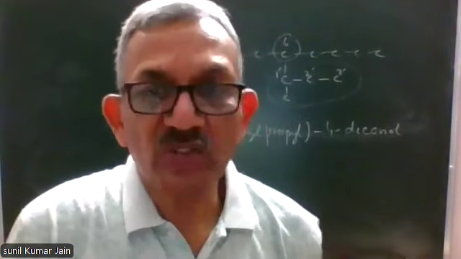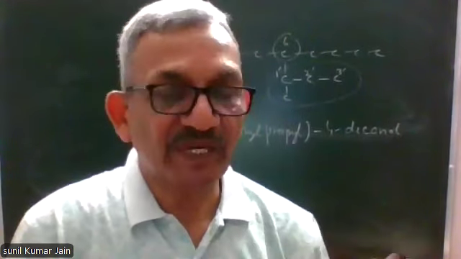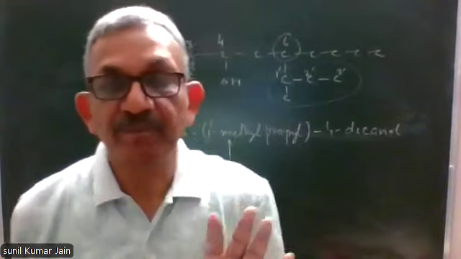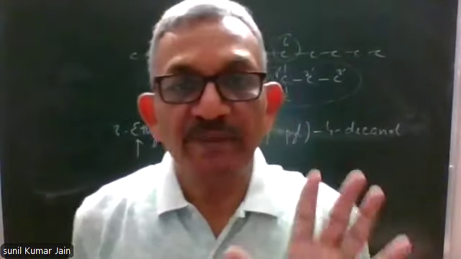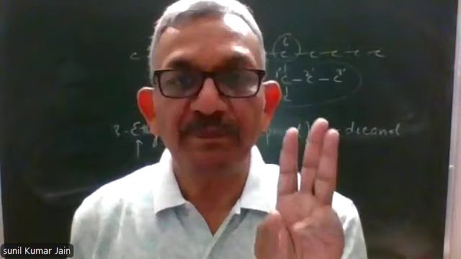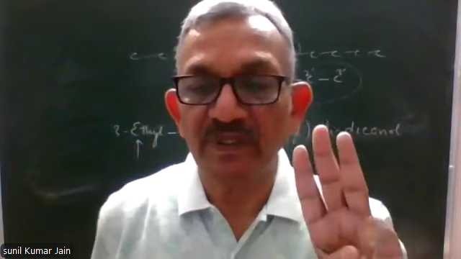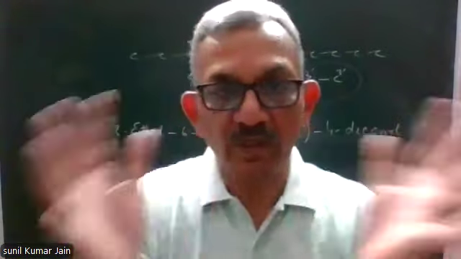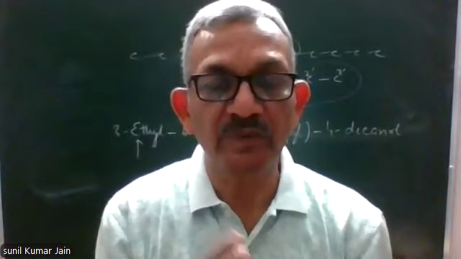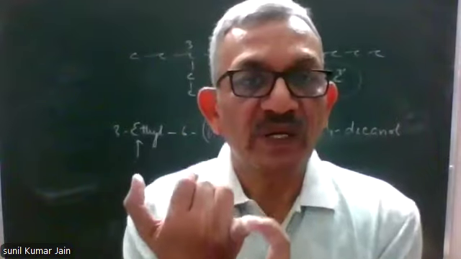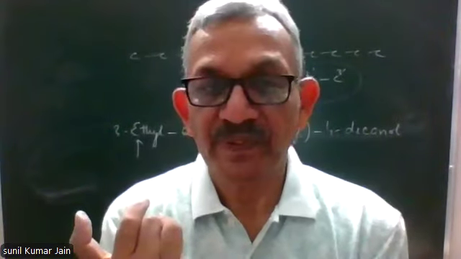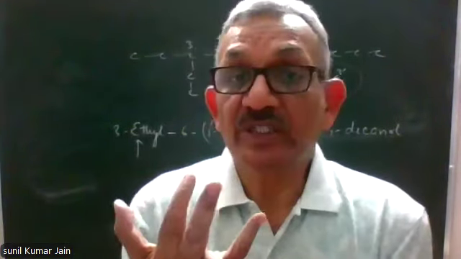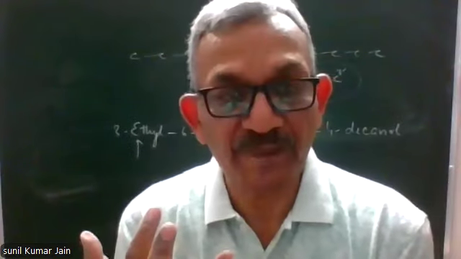Now coming to the last rule for nomenclature, alphabetical order. See, when we write IUPAC name of the compound, we select 3 things from the organic molecule. Number 1, longest chain. Number 2, functional group of maximum preference.